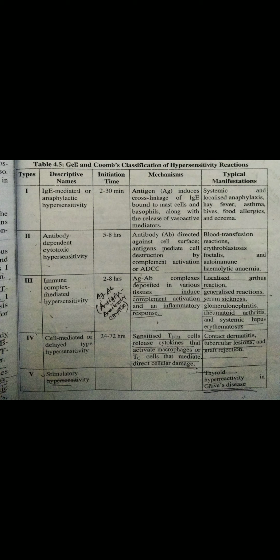So here antigen and antibody make a complex in the various tissues, and due to that complex the complement is activated, and inflammatory responses are generated in the body. Manifestations are like the arthritis reaction, serum sickness, rheumatoid arthritis.